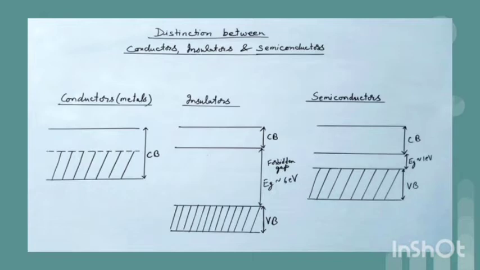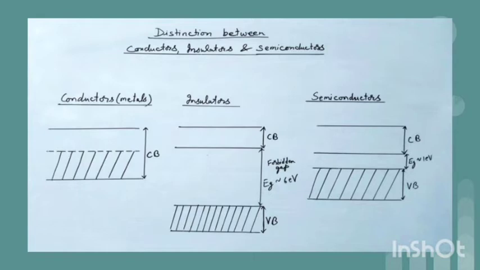In insulators, valence band is completely filled, but conduction band is completely empty. And there is a very large forbidden gap of the order of 6 electron volt. Due to such a large forbidden gap, no electron is able to shift from valence band to conduction band even after gaining energy from outside. Hence, no electron is available in conduction band for electric conduction, and thus the material is a poor conductor.